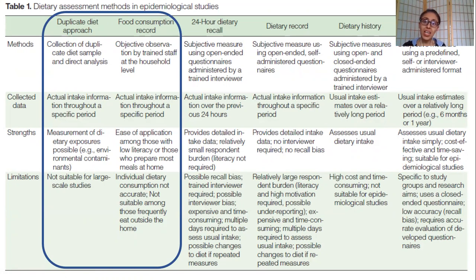So you always have that self-reporting error, but it is used in large epidemiological studies, and is absolutely cost effective. All of these methods, such as food frequency and 24-hour recall, can be applied online, face to face, hard copy, or soft copy, so that is not an issue.